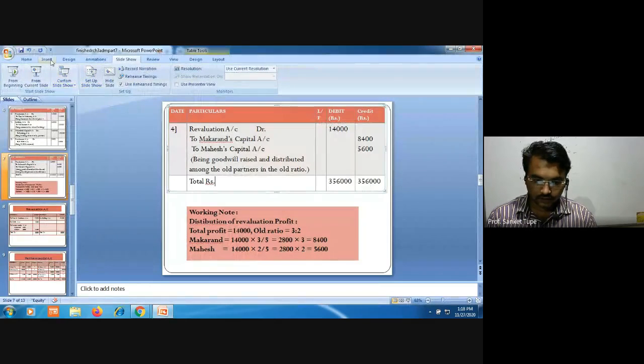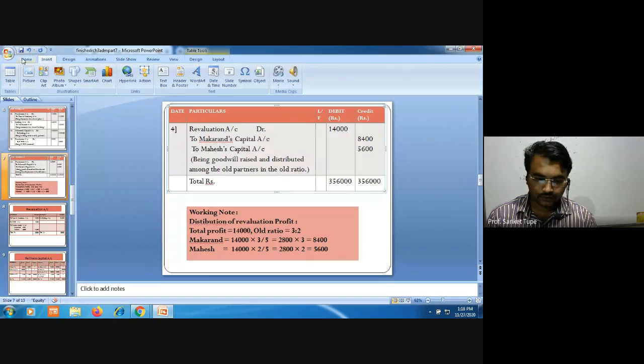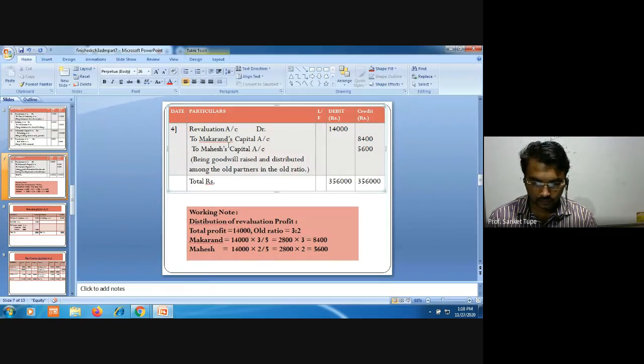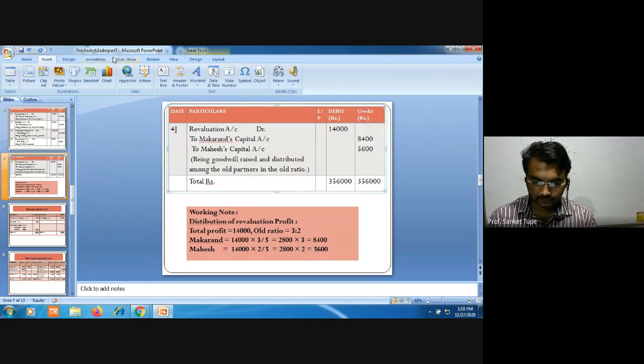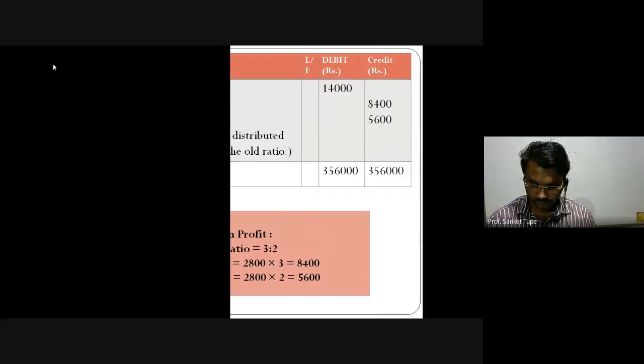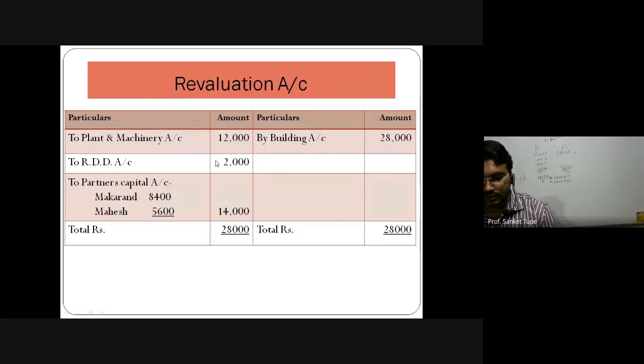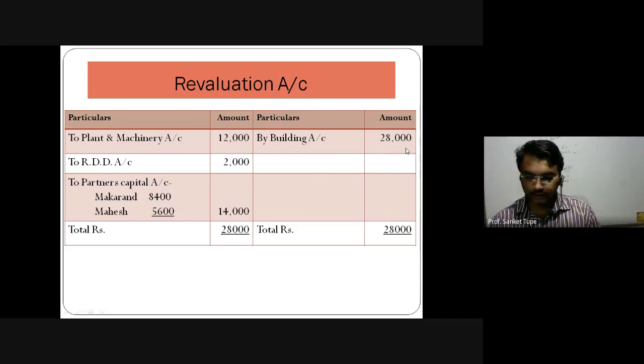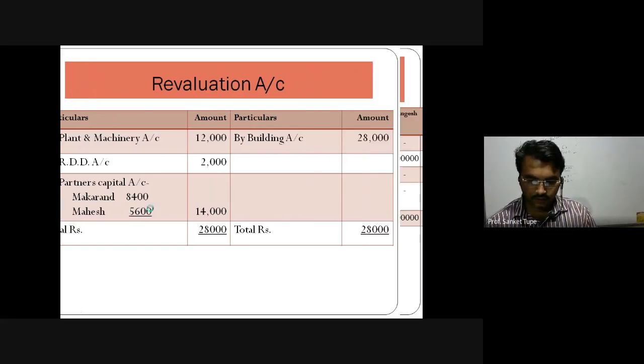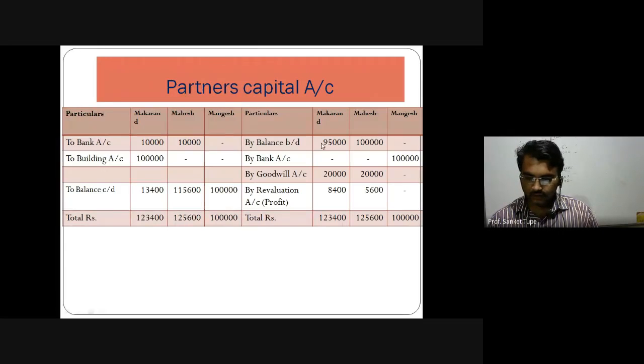Importantly, and if you want to see the problem solution, okay, let it be, I will show it immediately. You can see plant and machinery debit, RDD debit, building 28,000, and the transfer of profit. Here credit 95,000, then 1 lakh is the balance, bank account credit.